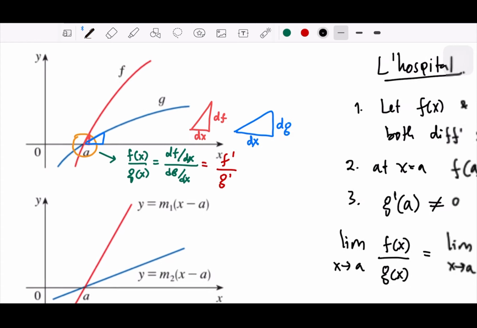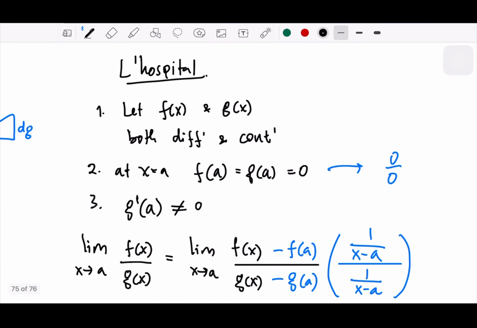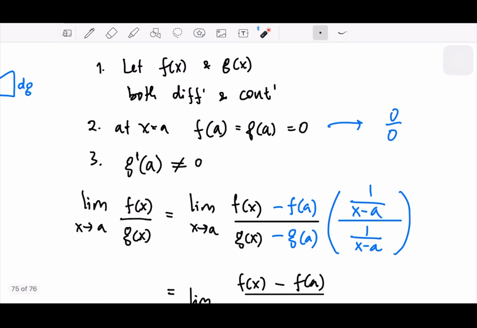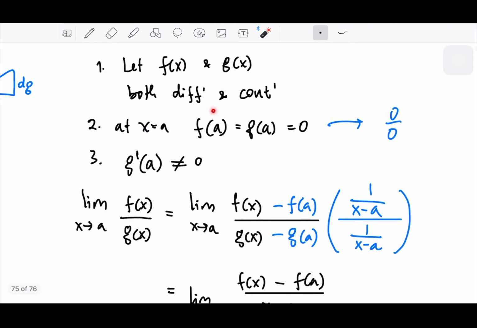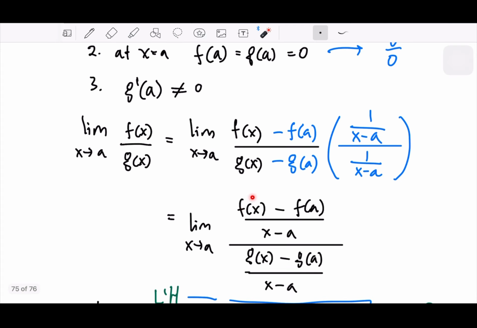Another way to look at it is to take these requirements: both functions differentiable and continuous. When x equals a, both are 0, and g prime of a is not 0. Because this is 0, we can take this and multiply with this, and then we have this limit definition, right?